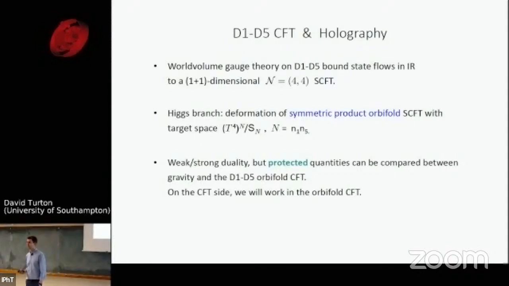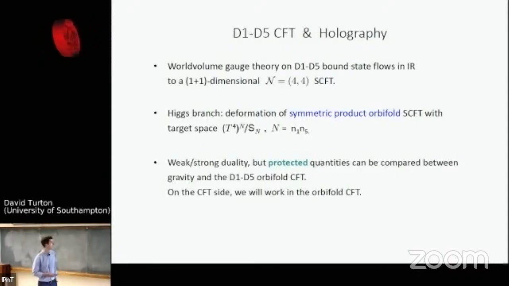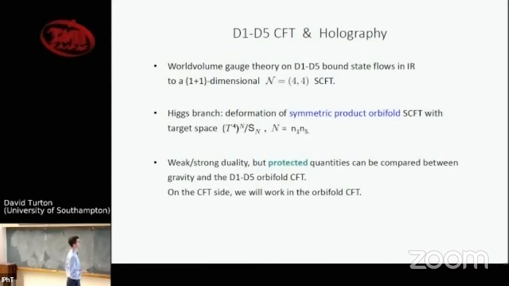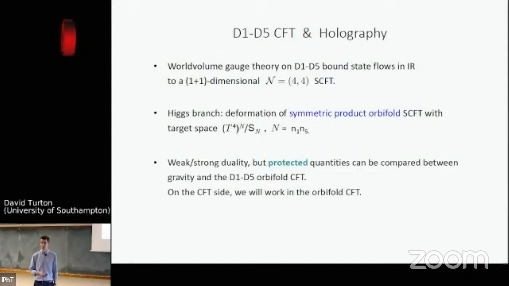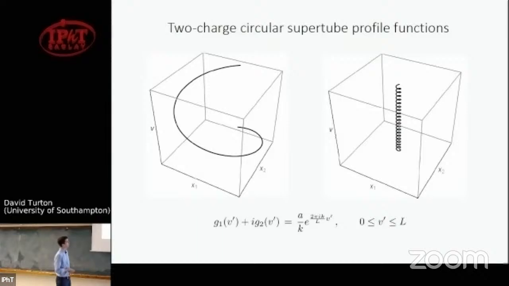This is a weak-strong duality, as is usual in holography, but we can compare protected quantities between gravity and the orbifold CFT, and we will use that when we do our precision holographic tests. Okay, so having introduced a bit of our background, let's talk about these supertube profile functions for the solutions I've discussed so far.